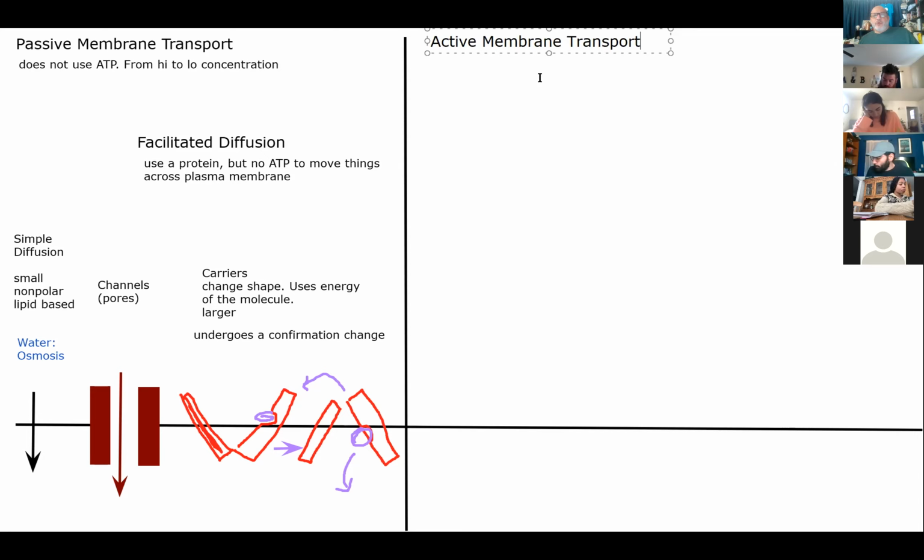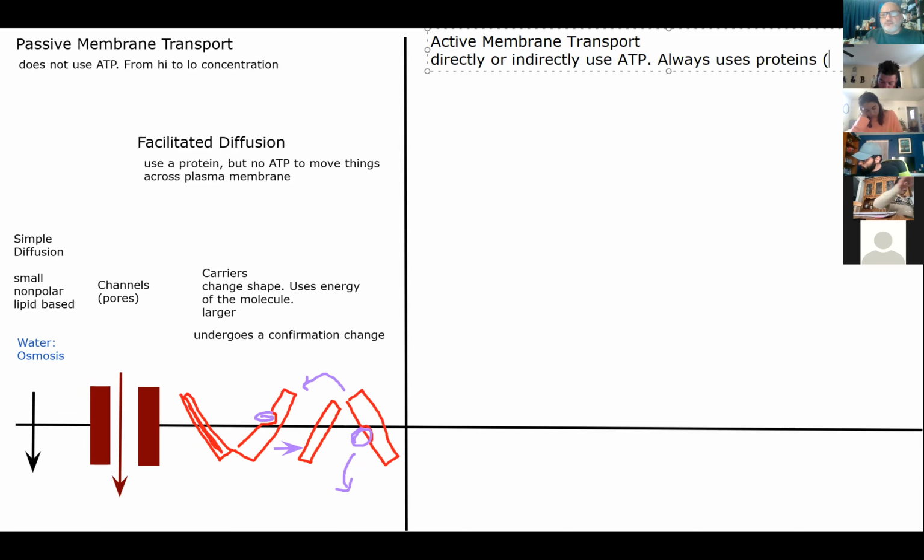Excellent. Remember, with our active membrane transport, we are either going to directly or indirectly use ATP. We are always using a protein. And since these always use proteins, these are all facilitated.